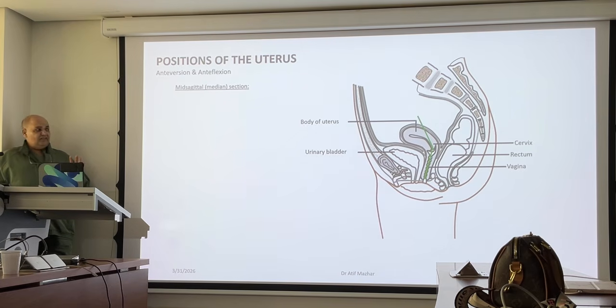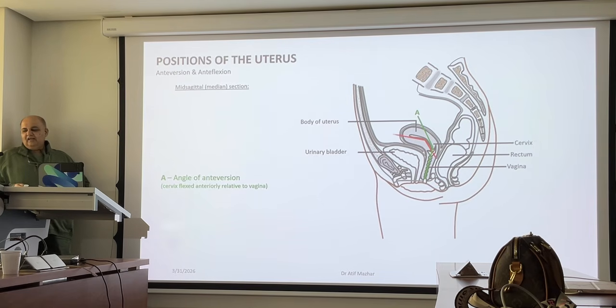This green guy is the vagina. Now can you see this point A? There is a flexion occurring at this place. So this is a specific angle. If a woman does not maintain this angle, this is called the angle of antiversion.